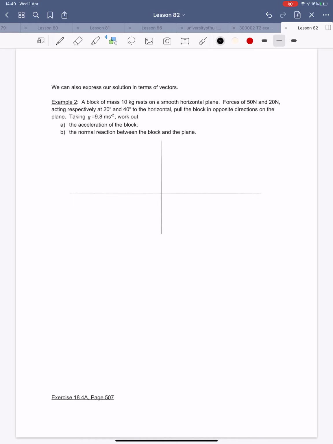Okay, so we've got this block, mass 10, and it's pulled at 20 degrees and 40 degrees. Imagine it pulling from there, so there's your 20 degrees, and that's 50 newtons.